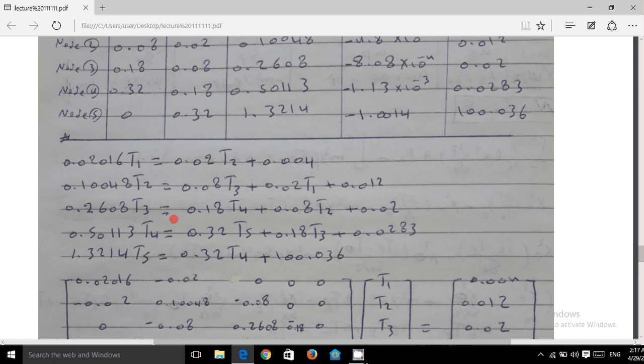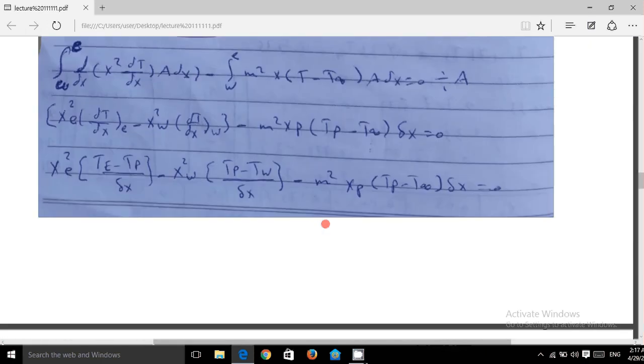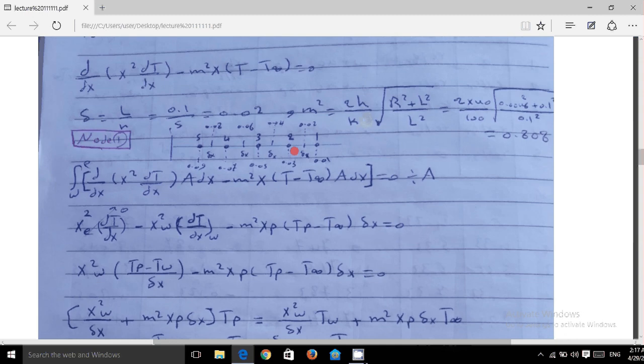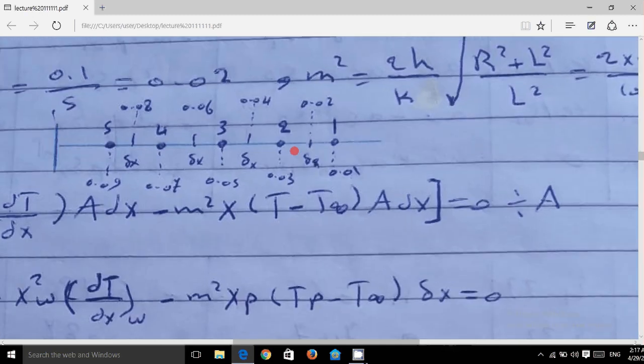What is the west of T3? It's T4. What is the east of T3? It's 2. You can know it from the bar that you have divided already. Means this is the bar, this is the bar. At node 2, what is the node that is at the right?